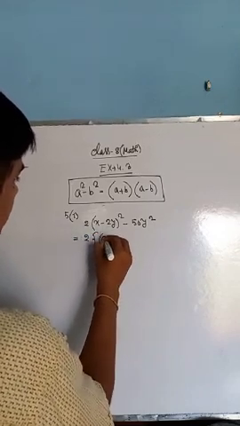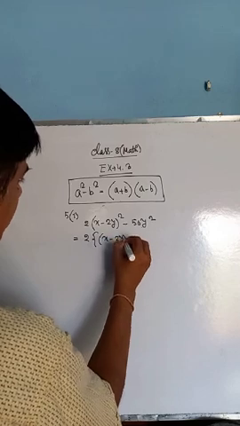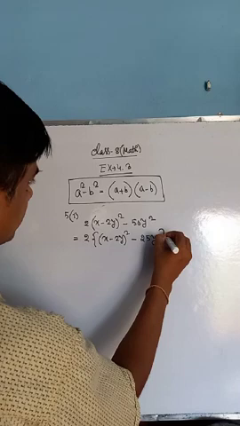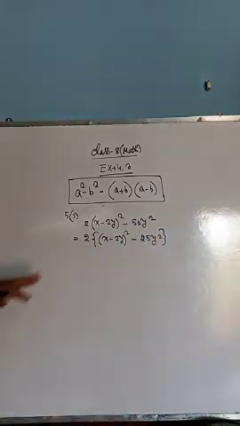What will be left? x minus 2y whole square minus 25y square. Clear? Your step 1 is what? Take the common.